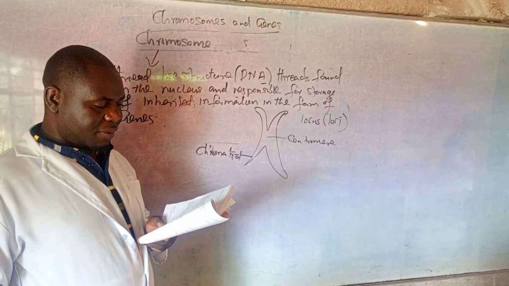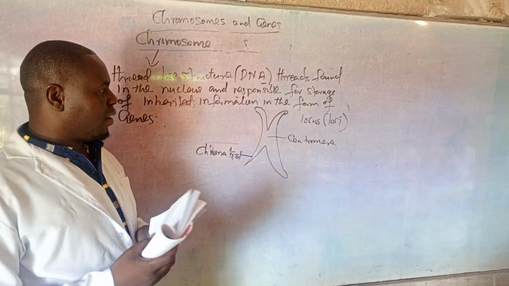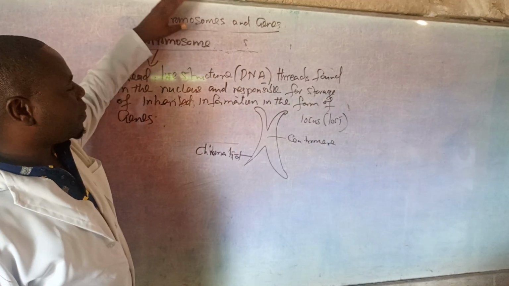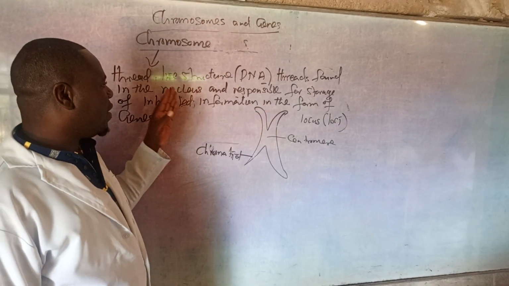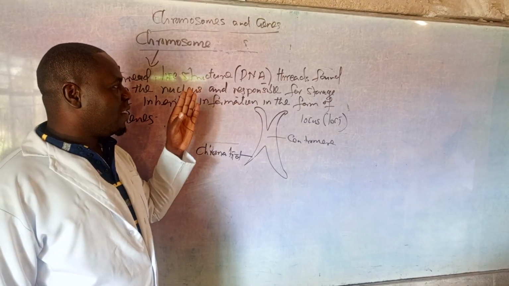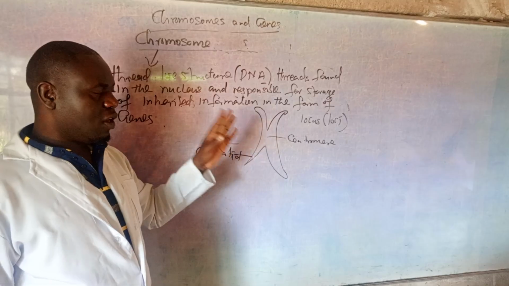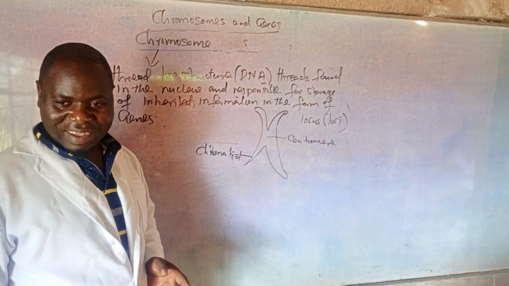Is this point clear? Then, since the definition is clear, a chromosome is a DNA thread-like structure found in the nucleus and responsible for storage of inherited information in form of a gene. Apart from that, we need to know where chromosomes are found in the nucleus.